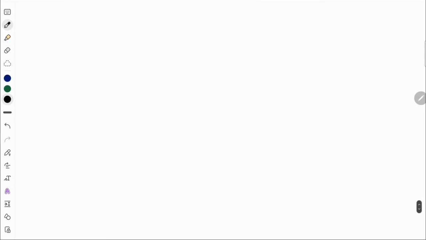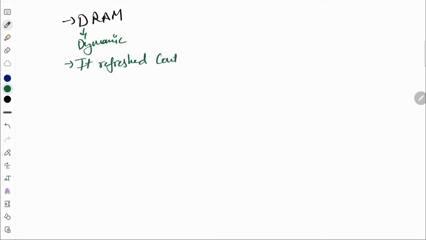Now let's talk about DRAM. D stands for dynamic. It means it is refreshed continuously. This is done by placing the memory on a refresh circuit that rewrites the data several hundred times per second.